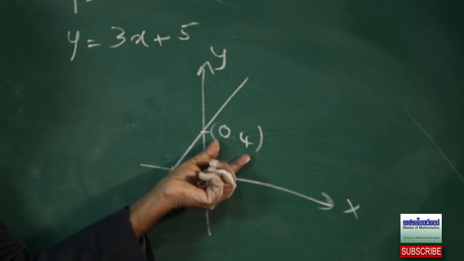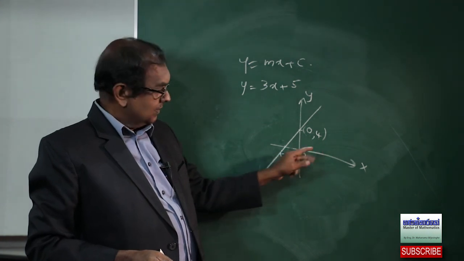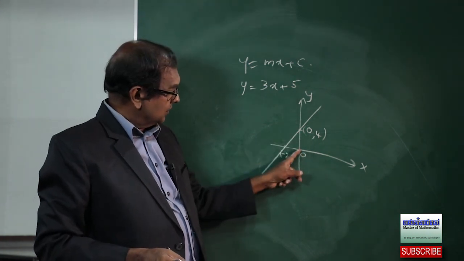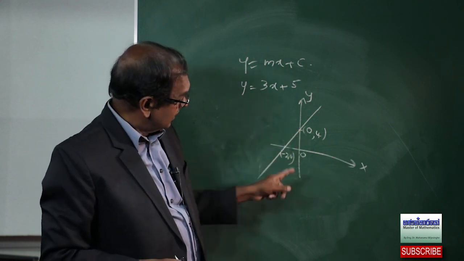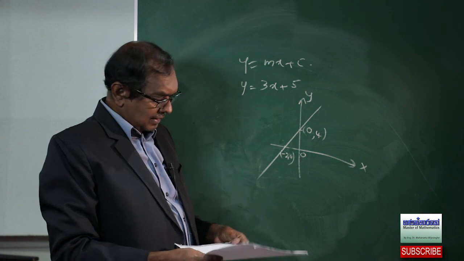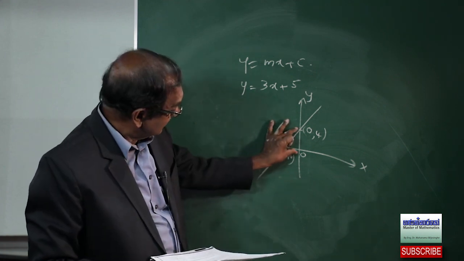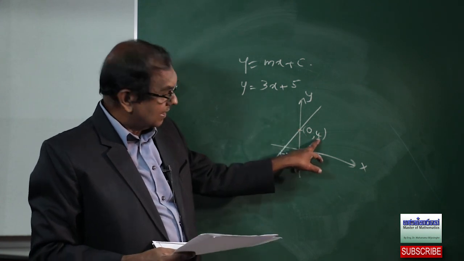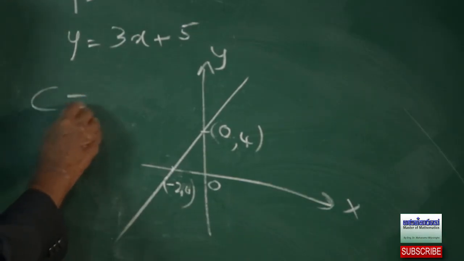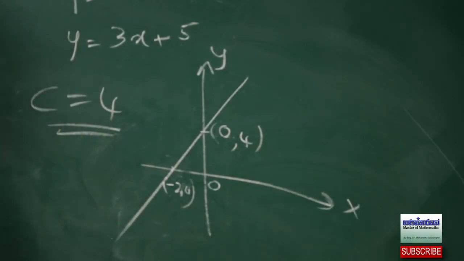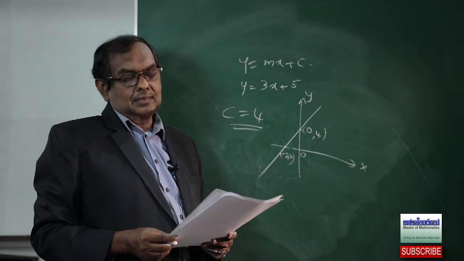What is the meaning of that? 0 is the x value, 4 is the y value. This x value is 0, y value is 4. The y value means the intercept, this value. Then according to this figure, what is the intercept? The intercept is this height, given by this number 4. C equals 4. When we do a few sums, you can get the exact idea about that.